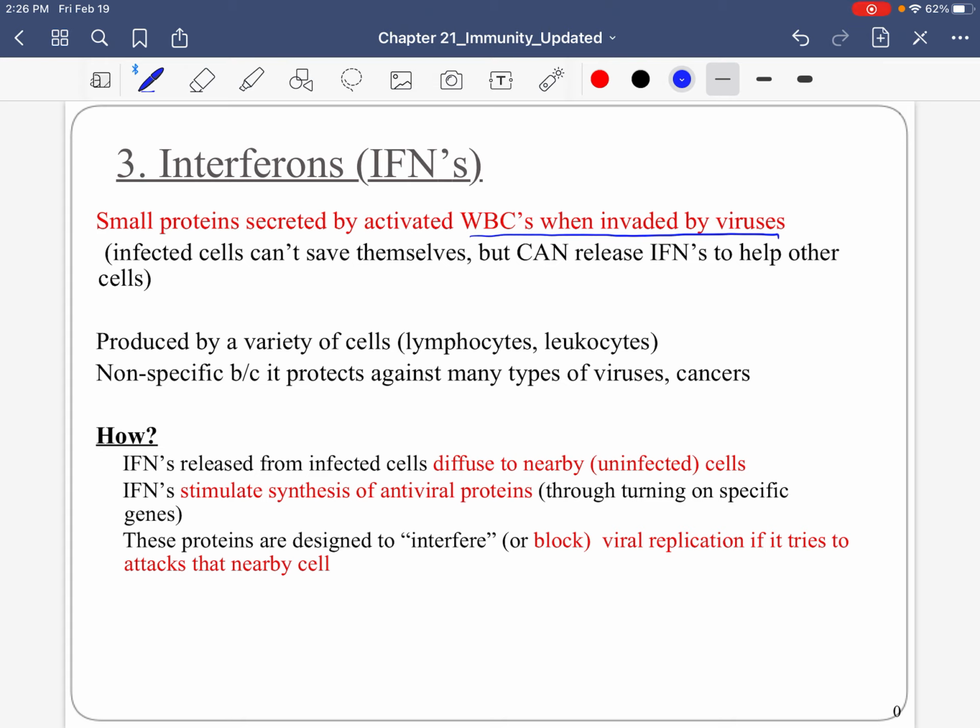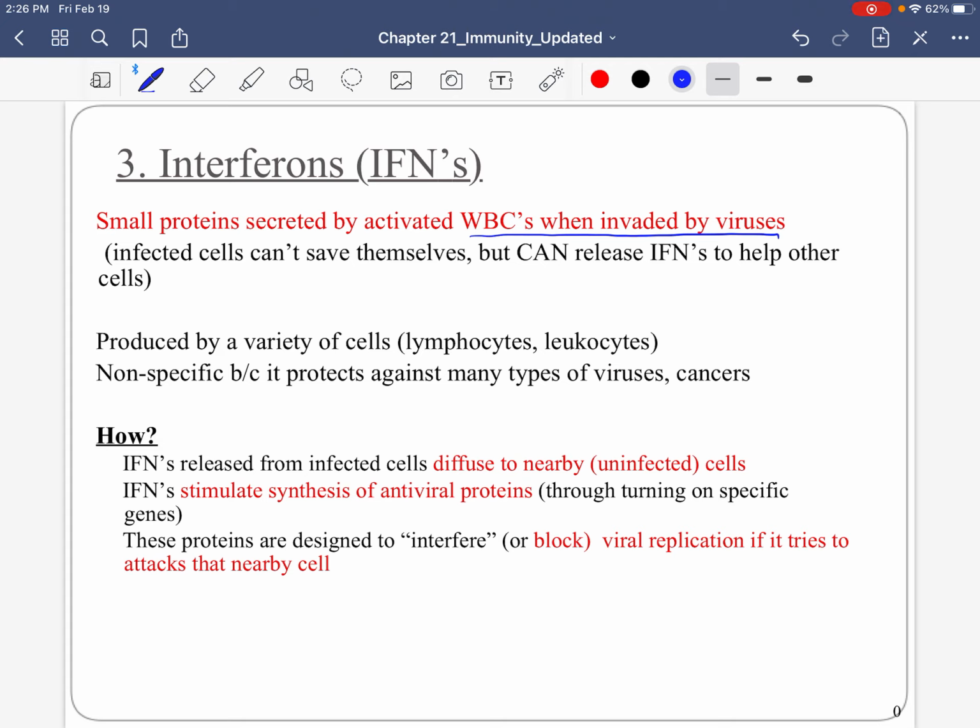Viruses can only live if they take on a host cell. They invade one of our cells that we already have in our body. So what happens when a white blood cell, unfortunately, has been invaded by a virus? Well, most likely that infected white blood cell can't save itself. But that infected white blood cell, before it dies, will release these specialized proteins to help other nearby cells to survive.